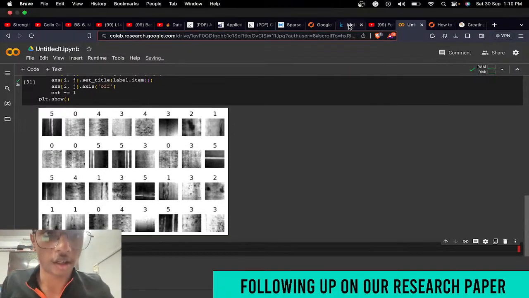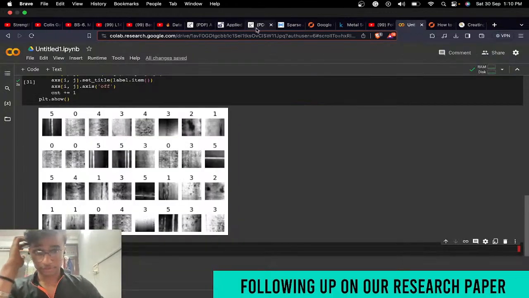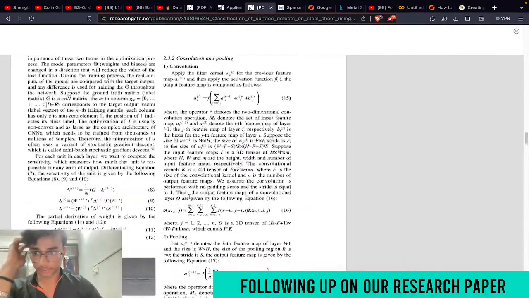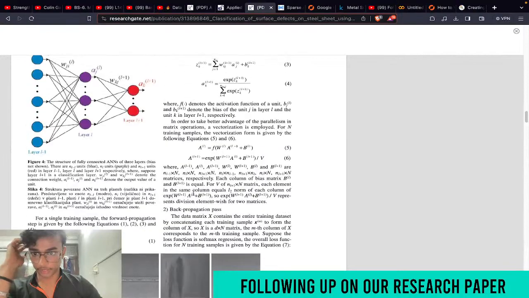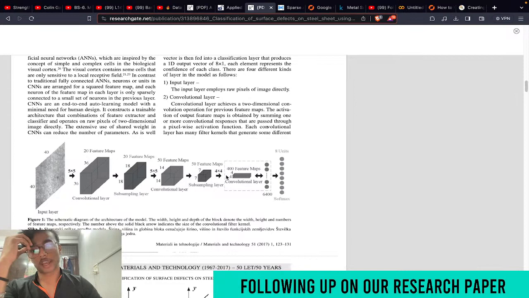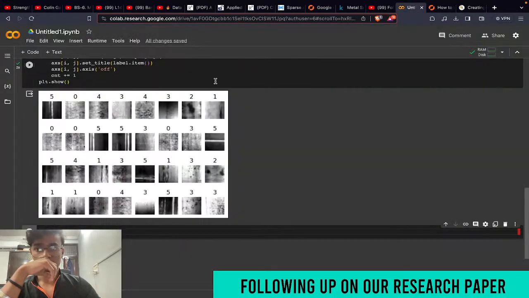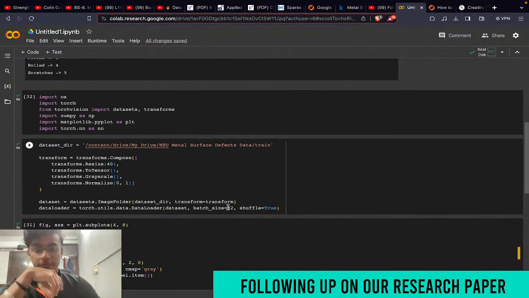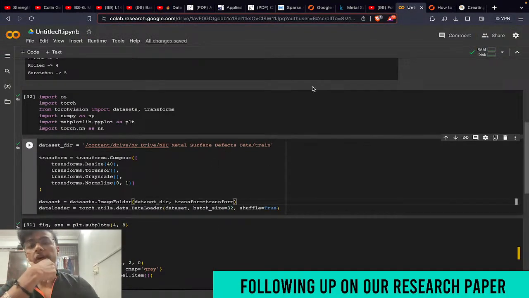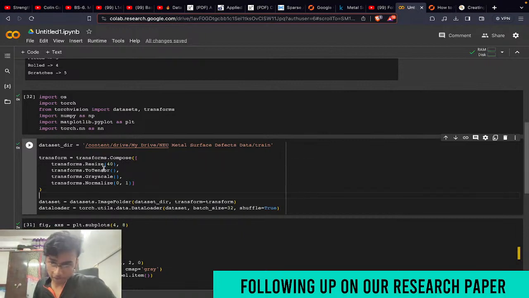What does the model look like? Let's try to be simple first and try to copy their model and train on it. That's the simplest thing we can do. Then we'll also have to take care of the hyperparameters. So first we have to do the training hyperparameters and all that stuff. I've made the batch size 32 for now, but I'm not sure what batch size they are using. I'm sure about the resizing, the tensor, the grayscale, and the normalization.